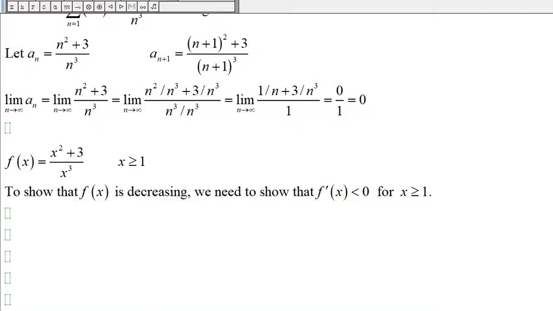And so that's how we show that a function is decreasing, by showing that the derivative is negative. And so let's do the derivative of this function right here.